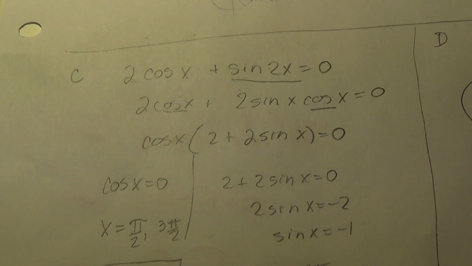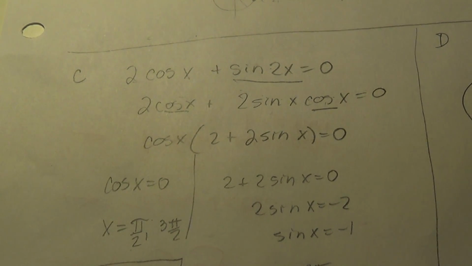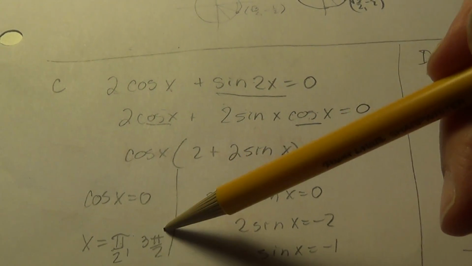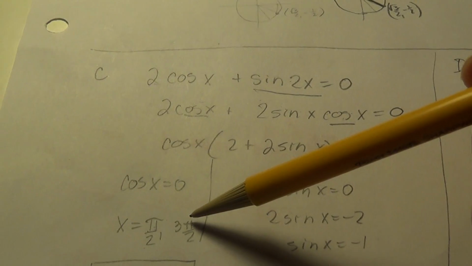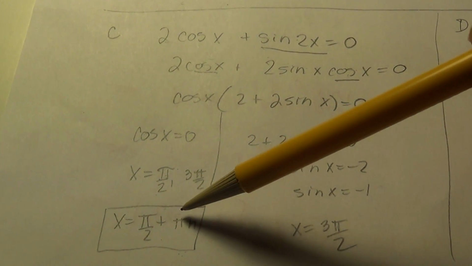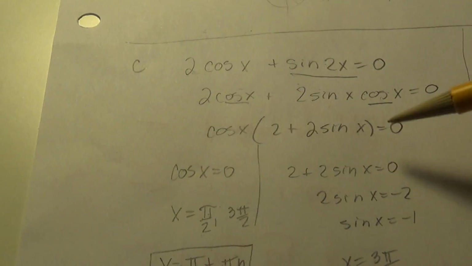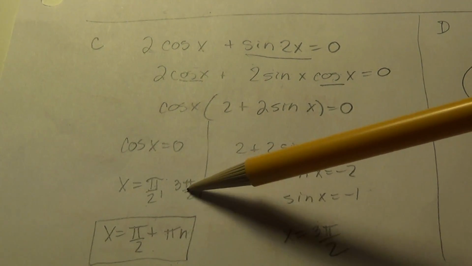When I find those branches and those values, I see that the pi over 2 and the 3 pi over 2 are exactly a half a circle away from one another. So I combine them and I say pi over 2 plus pi n, half a circle n times. This branch led to 3 pi over 2. We already caught that over here.